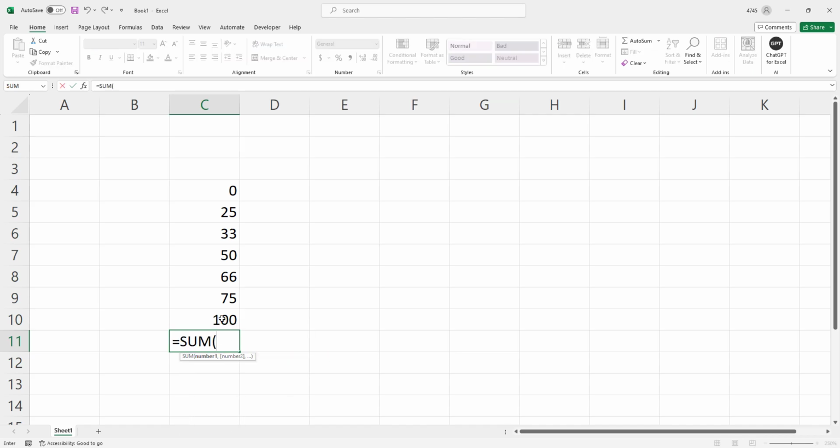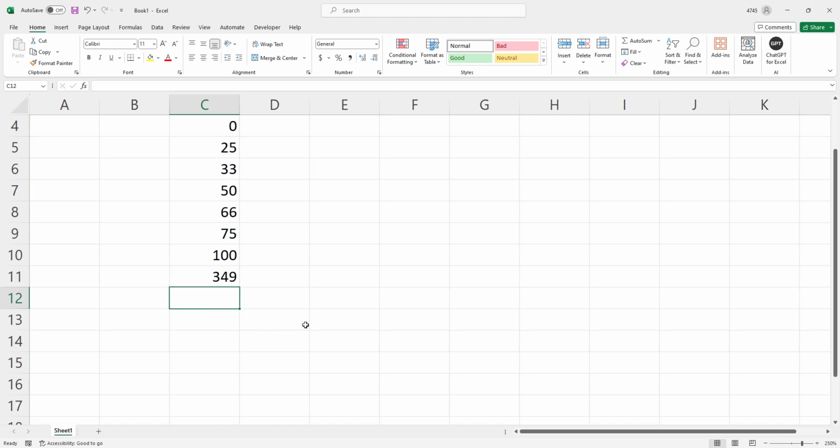If I just sum all of these numbers, we have to count 0 because it started from there, right? 349 days, which is pretty close to our year, 356 days, right?